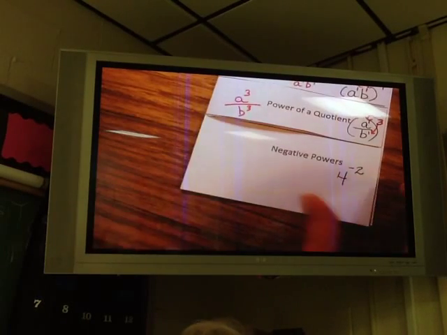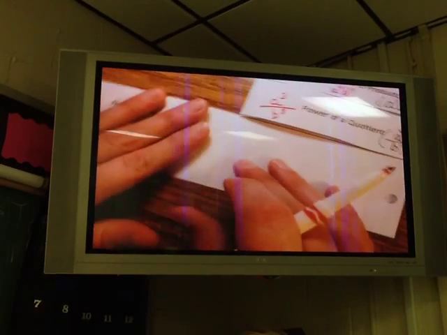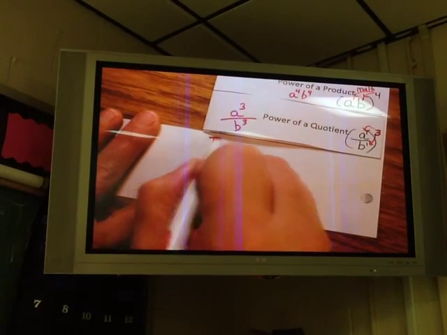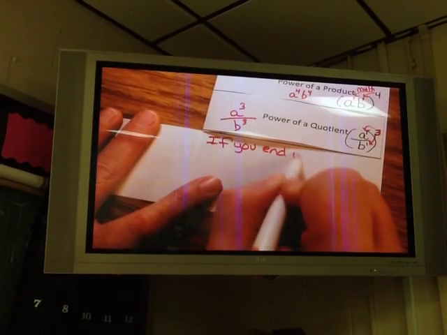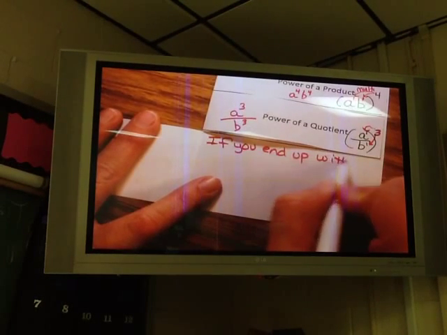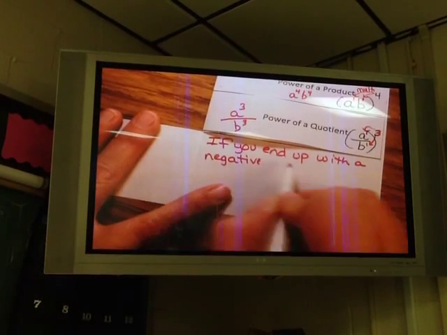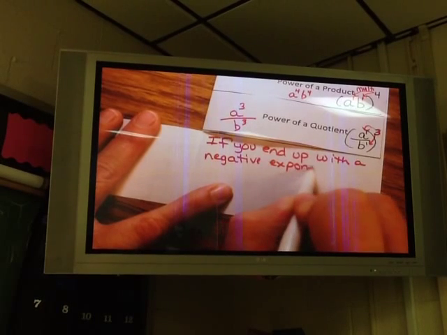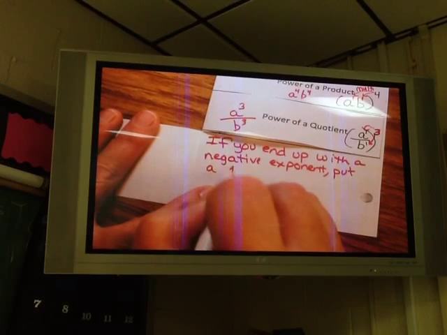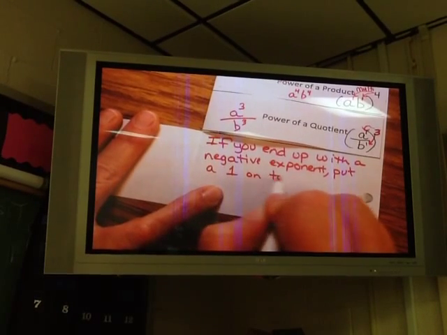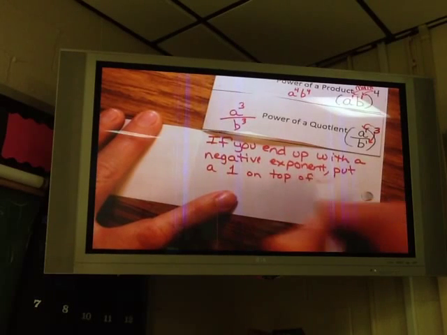Kind of talked about that a little bit. When you have negative exponents, let's pop this open. Let's write this down. If you end up with a negative exponent, put a 1 on top of it.